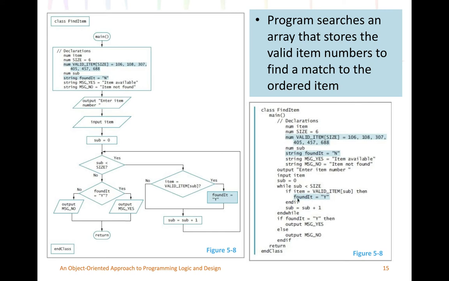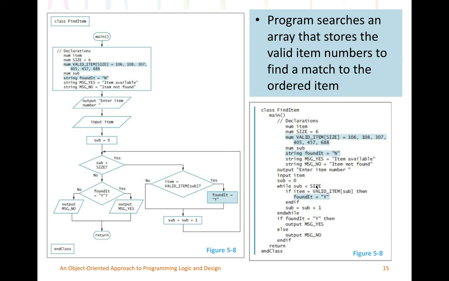If it is, say, hey, we found it, we're done. If we find it, I'm assuming they're going to be done. So if we found it, we're going to add 1, and we're going to end while. And actually, we're not done. We're just going to continue looping. So then we're going to come back and sub is now 1.